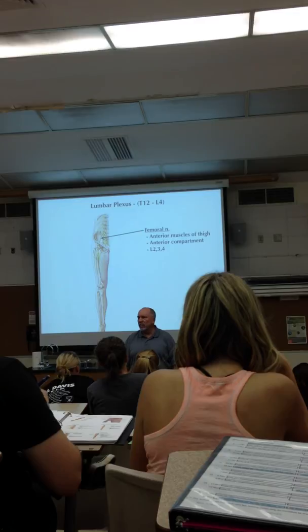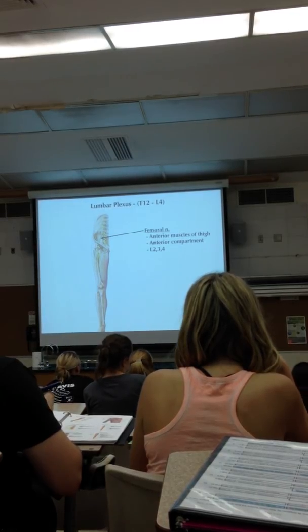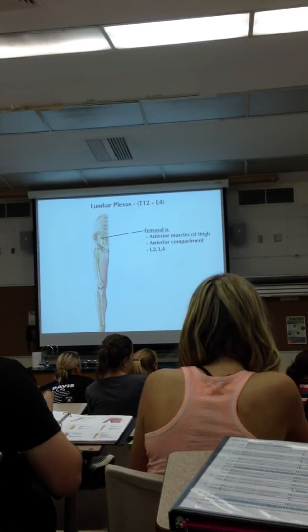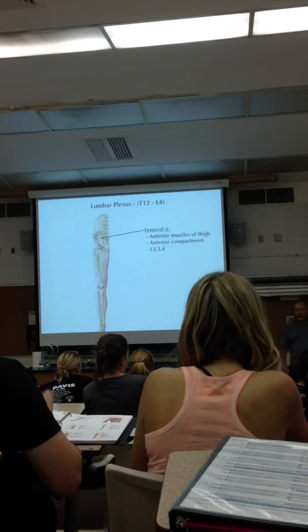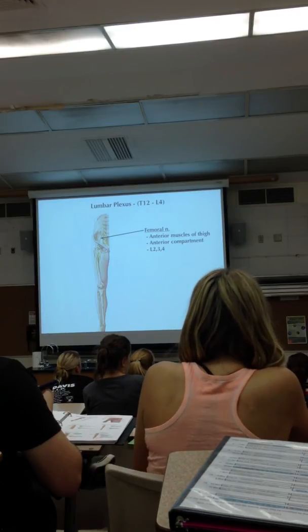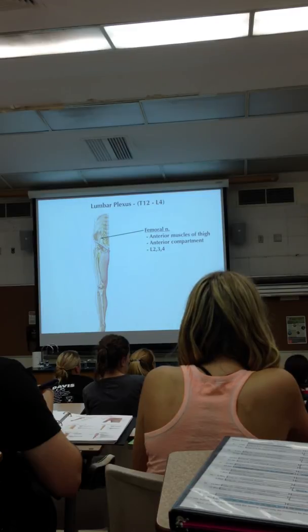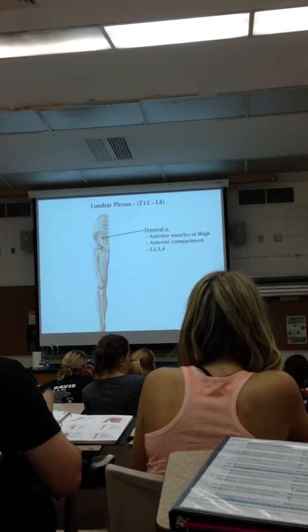The reason I tell you guys this is because some of you are going to be in the ICU or elsewhere, and you're going to have to draw blood, and you can't get it out of the veins, so you're going to have to find that femoral vein.